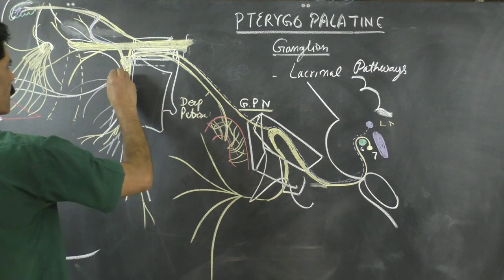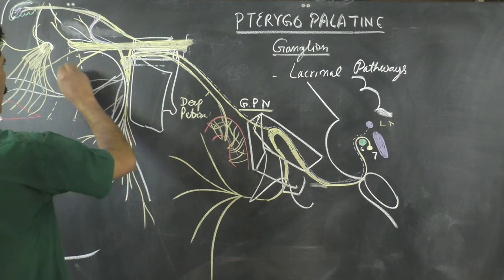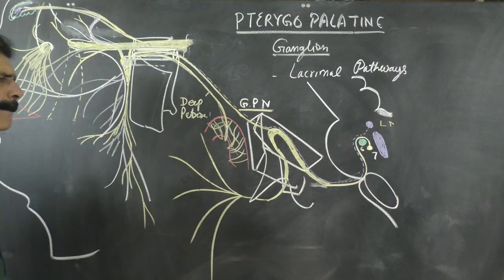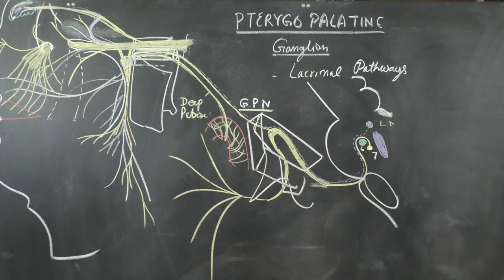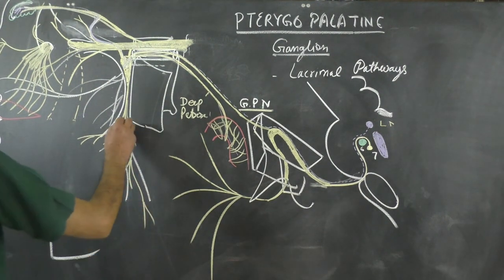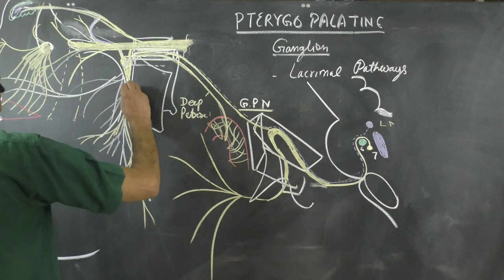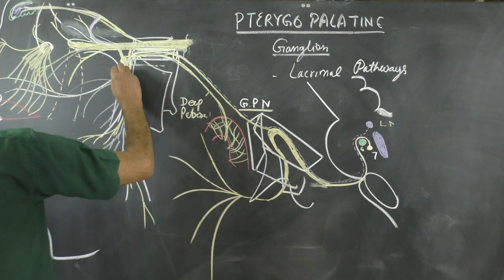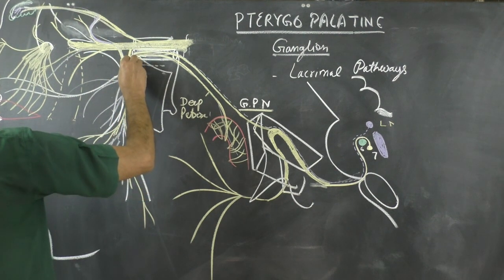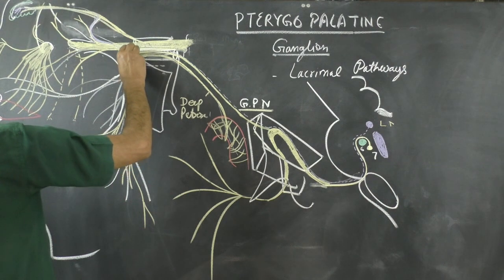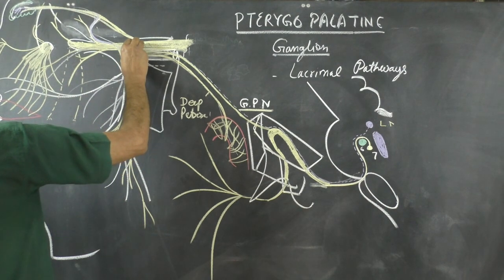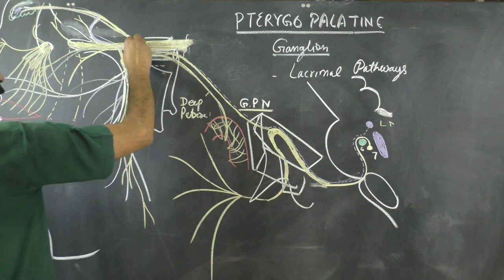So all these sensations usually enter through the maxillary nerve and reach the trigeminal nerve, but they may pass through the pterygopalatine ganglion, and then they enter into the proximal root of the pterygopalatine ganglion.